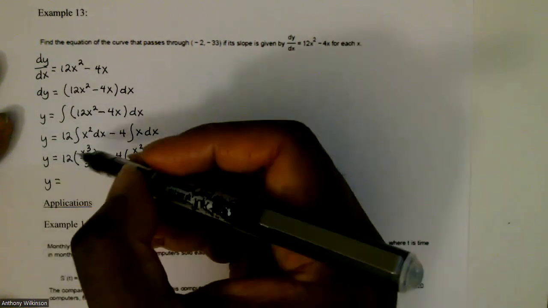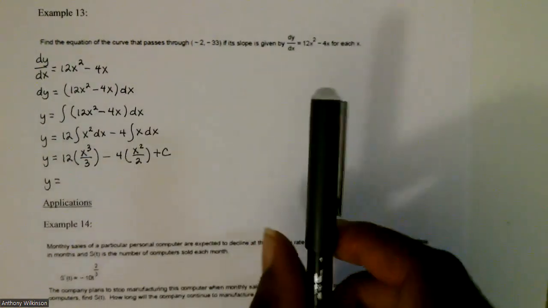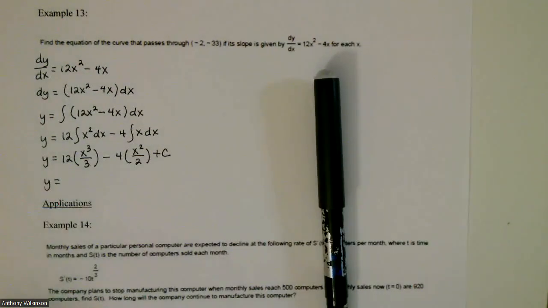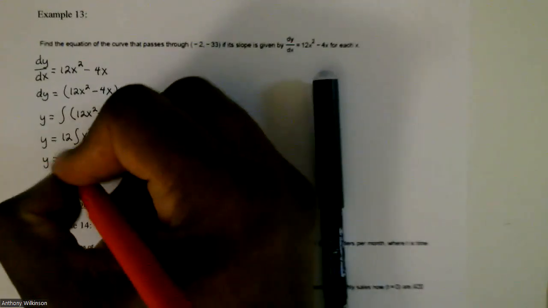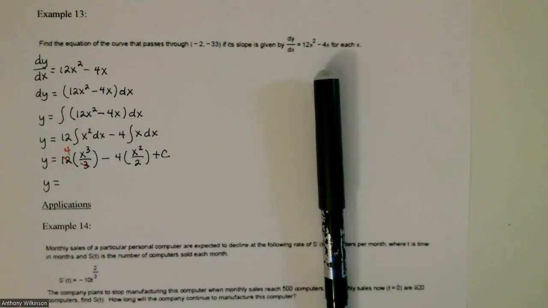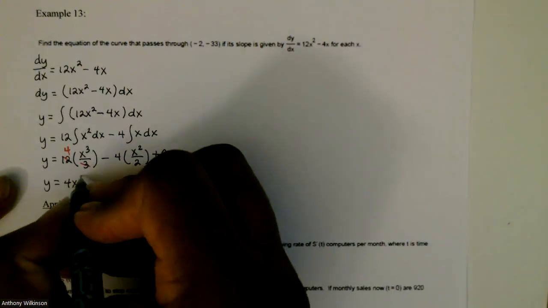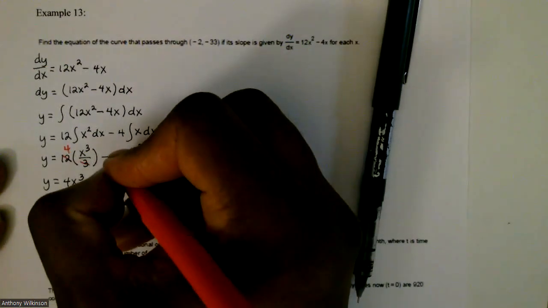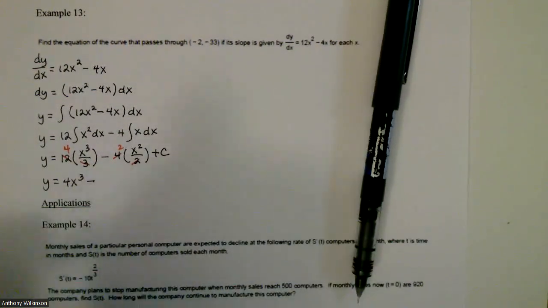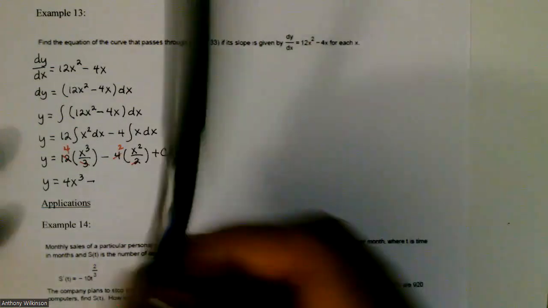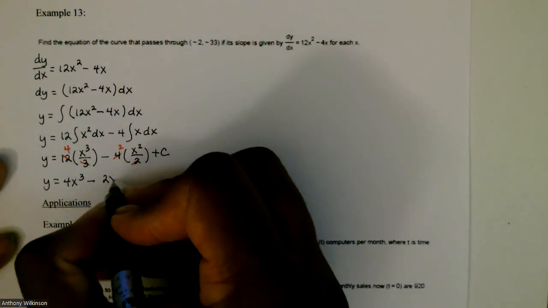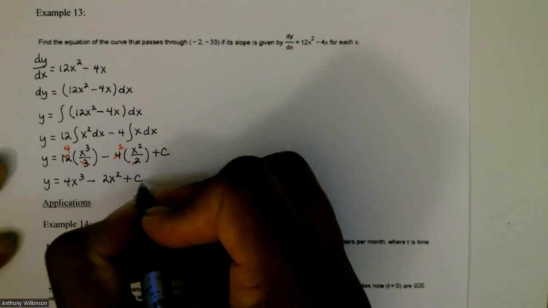Now if I simplify this, 3 goes into 12 4 times, so it'll be 4x cubed minus, and of course 2 goes into 4 2 times, so it'd be 2x squared plus c.